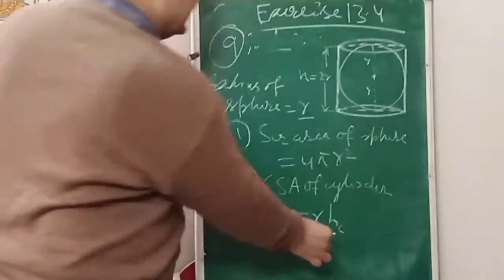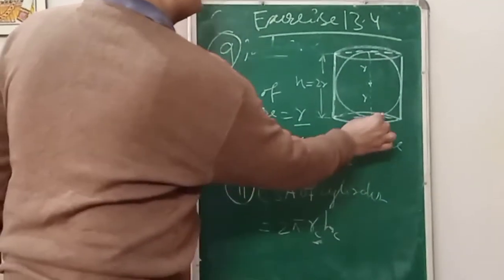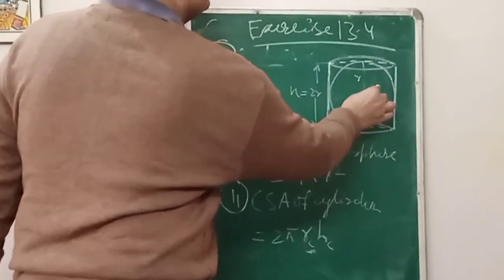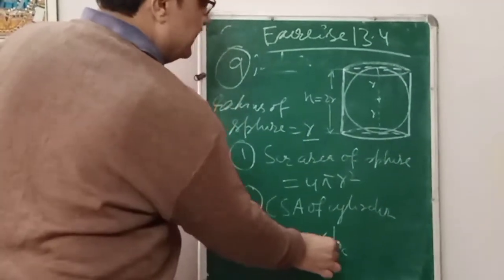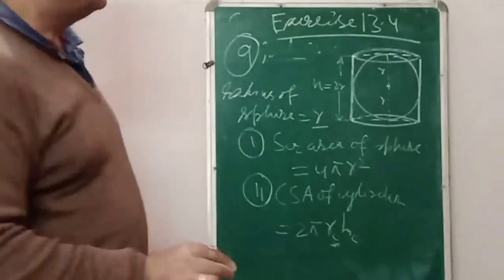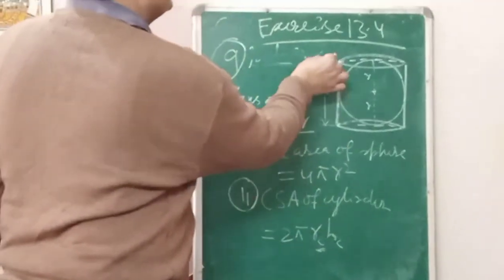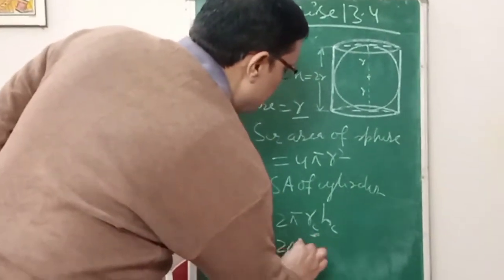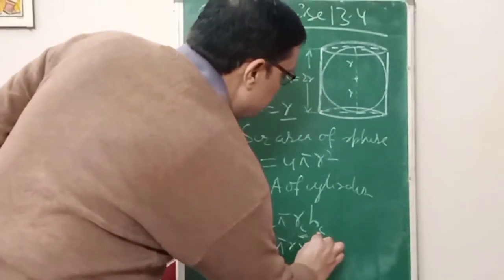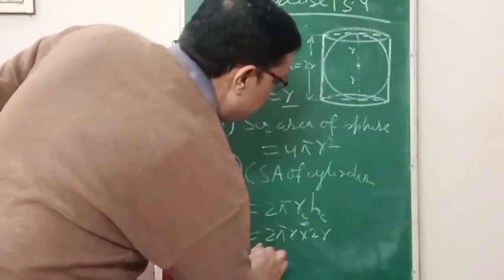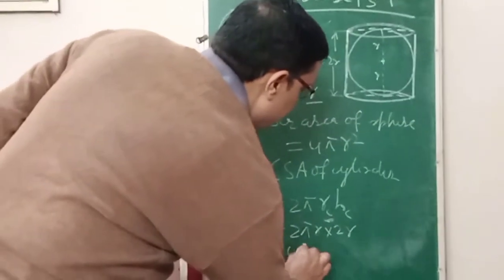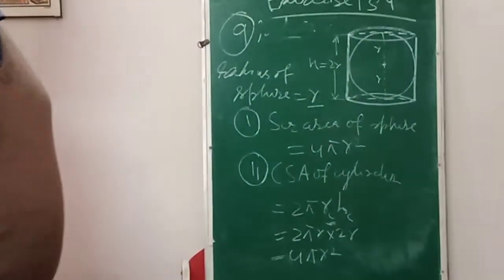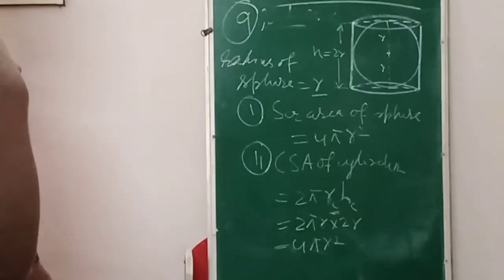The radius of the base of the cylinder is the radius of the sphere. What is the height? We have just calculated it as 2r. So this is 2 pi r into 2r, so this is 4 pi r square. Again, the CSA of the cylinder is 4 pi r square.